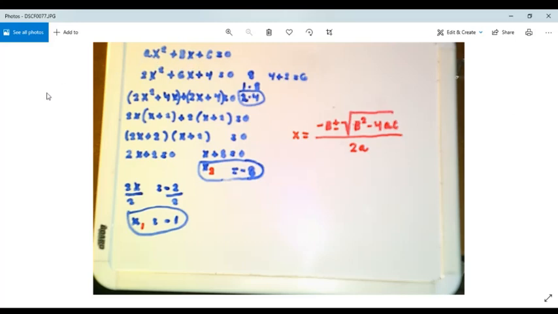And here's an example with A as 2, B as 6, and C as 4. So now I've substituted A, B, and C, and we want to know what the x is.